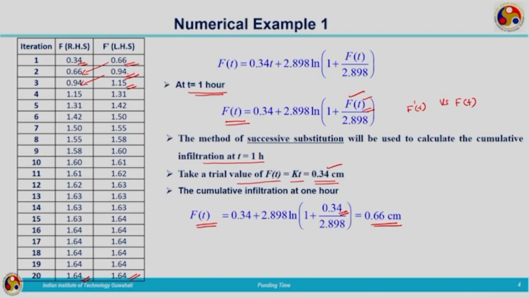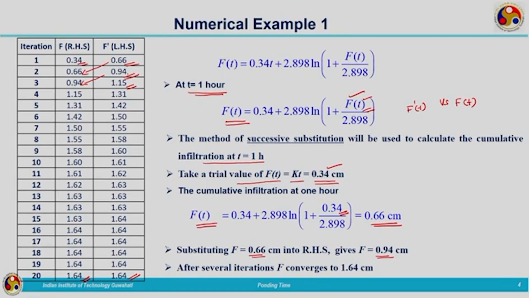So, finally, we got a match at the value of 1.64 centimeters. Substituting F equal to 0.66 centimeters gave F equal to 0.94 centimeters, and then the process is repeated. After several iterations, F converges to 1.64 centimeters; it is not changing.